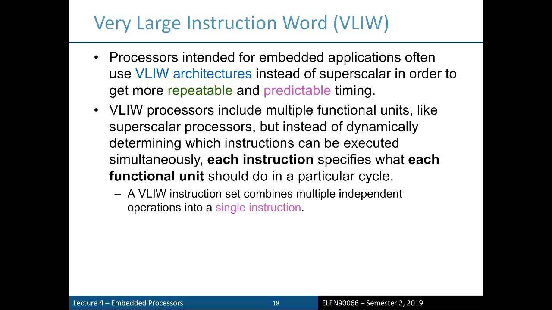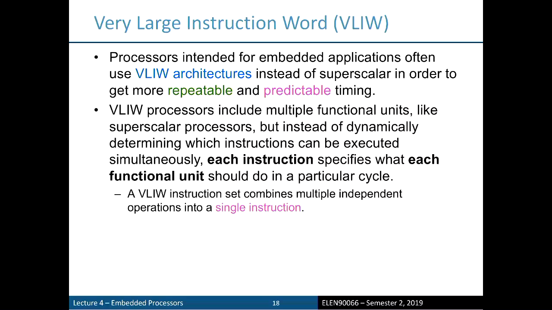What's more common is the use of what's called VLIW, very large instruction words. And this is a sort of method of doing superscalar stuff, but where the programmer or the compiler decides when to use the functional units.